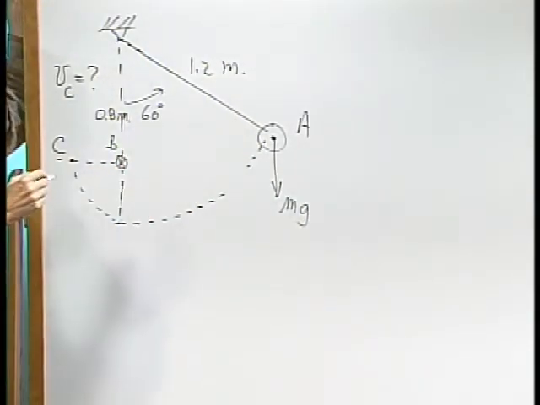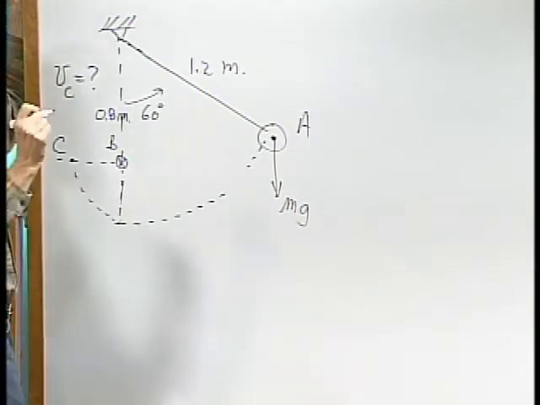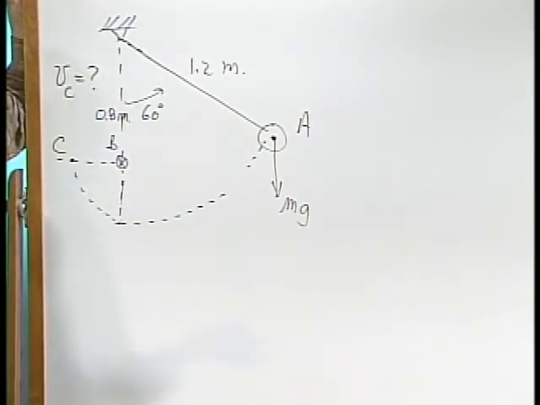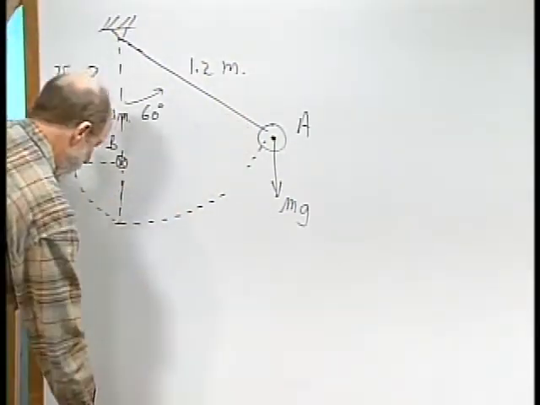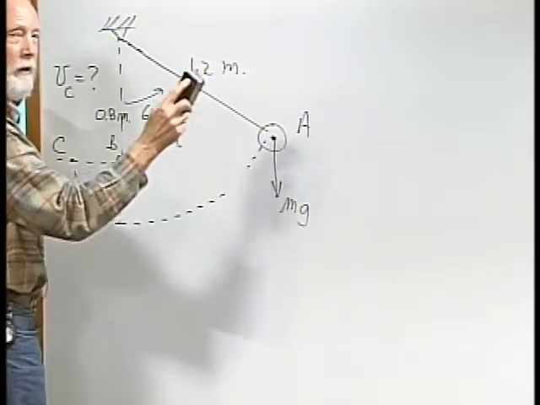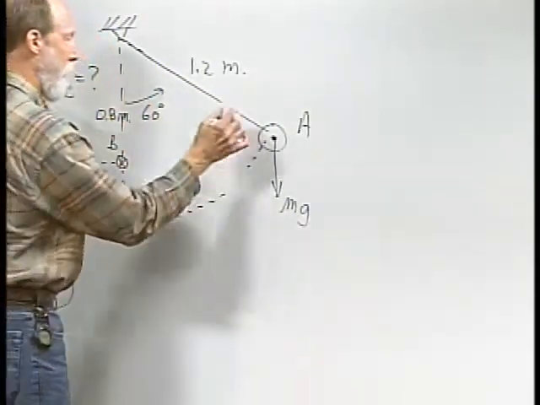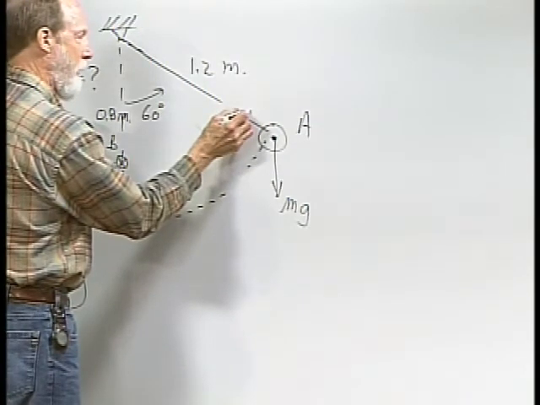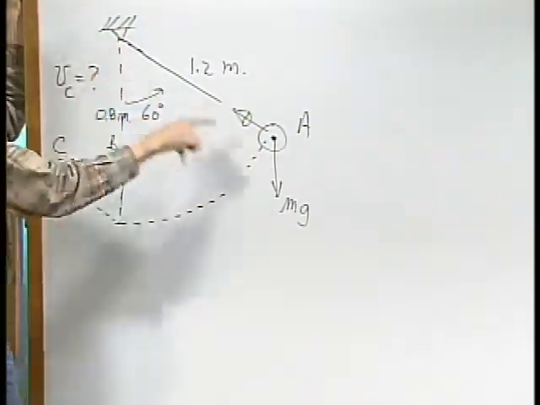Is that a good free body diagram before we start writing equations? So what we like to do is treat our particle as a free body. That's what free stands for. So you pop it loose, and because of the motion, there's going to be tension in that cord.